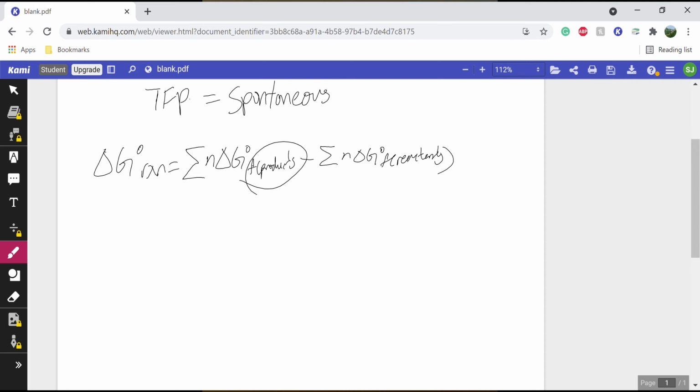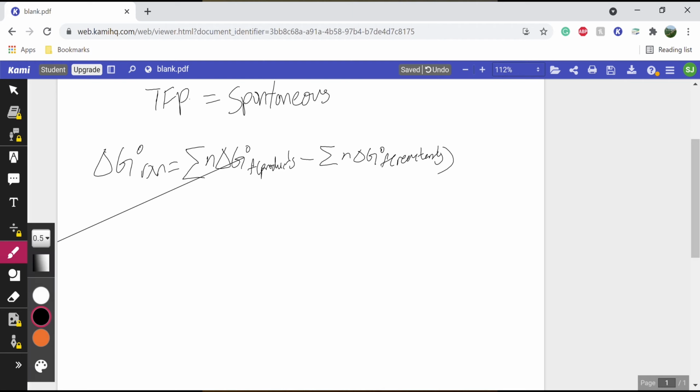So products times their moles multiplied by their deltaG from the chart that we've been using, and subtract that by our reactants times their deltaG, and that is how we find the overall deltaG, which is the same exact process we've been doing for delta S and delta H.